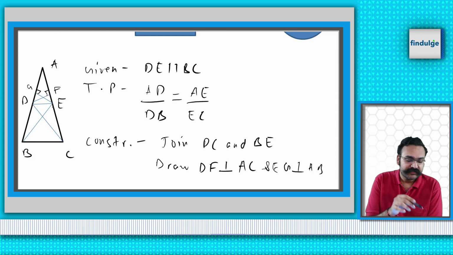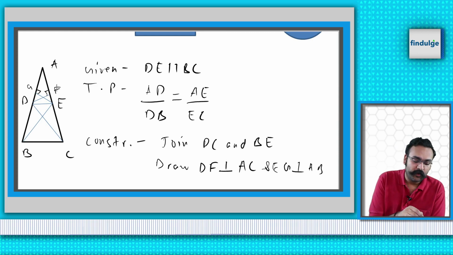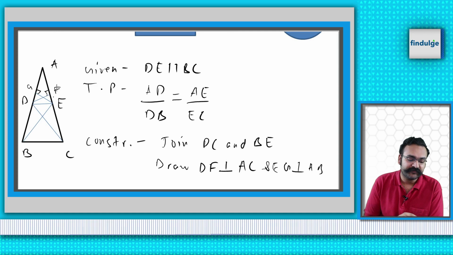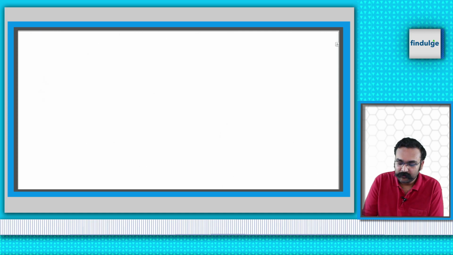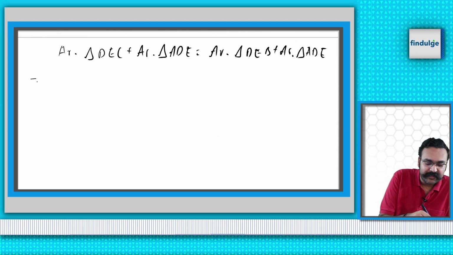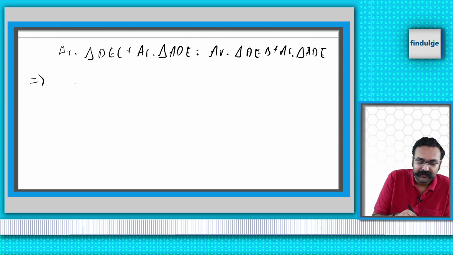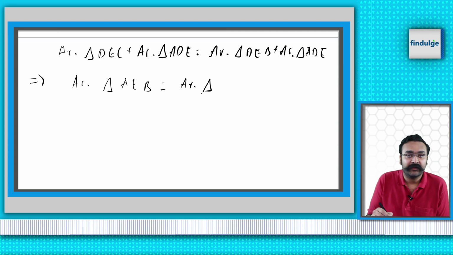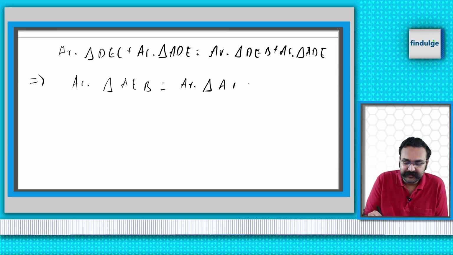Similarly, area of triangle EDC plus area of triangle ADE is nothing but area of triangle ADC, which means that when I do this, this implies that the area of triangle AEB is equal to the area of triangle ADC.